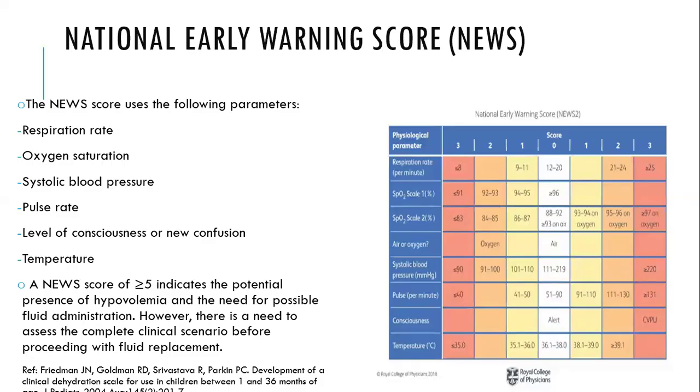It's been said that when your score is greater than 5, there's potential presence of hypovolemia, and this patient most likely may benefit from fluid administration. But note that this is not one jacket fits all. You need to keep in mind the different clinical scenarios before you proceed to replace fluid in your patient.